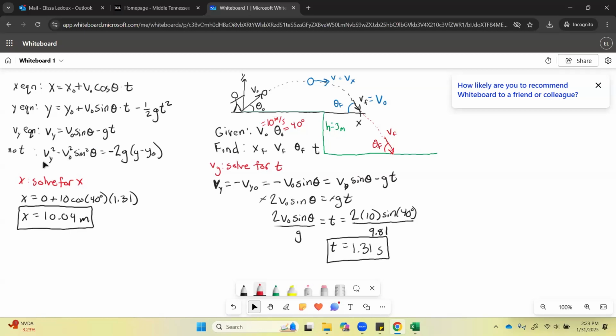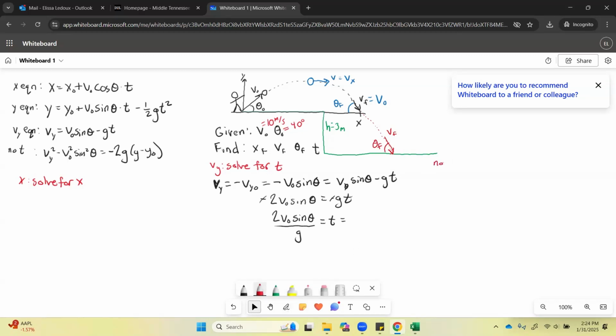And the confusing part here, or what may be confusing for a lot of people, is that this has a Vy in it. And what we're looking for is Vf. But we can use the knowledge that the x component of velocity is constant. So we already know the x component. And so then if we can find the y component, then we can find final total. So we will go over here and work that. Now, first I will erase some of this because we don't actually know the t yet.